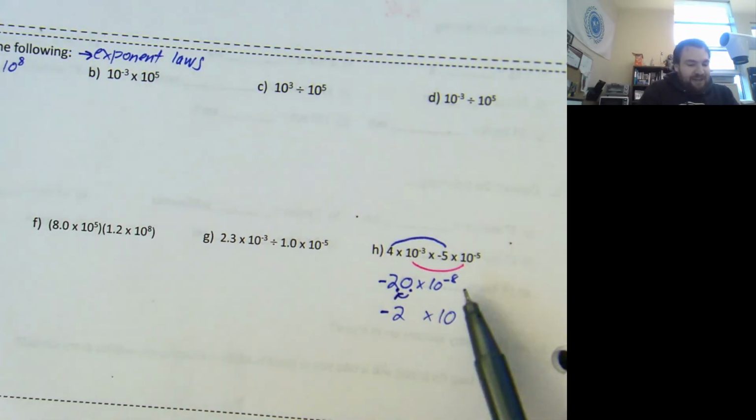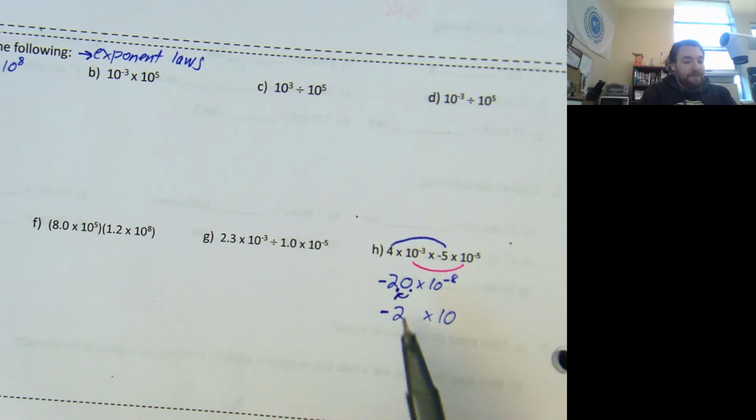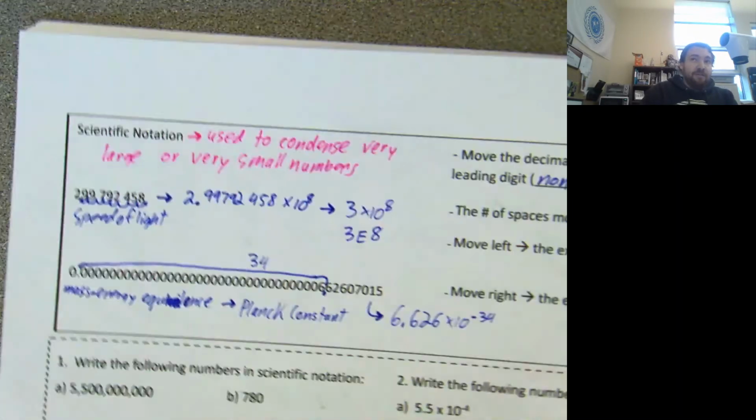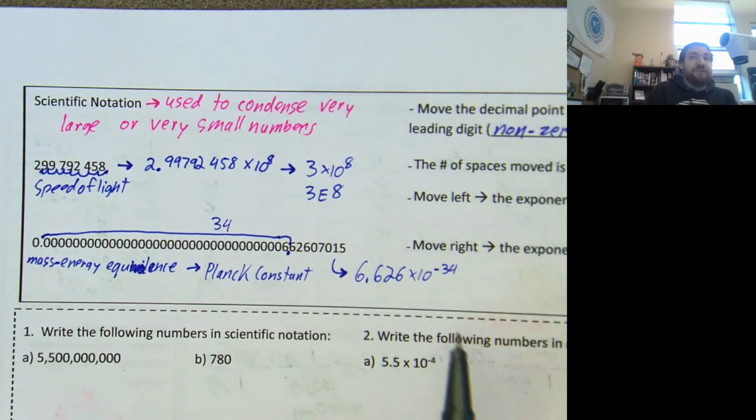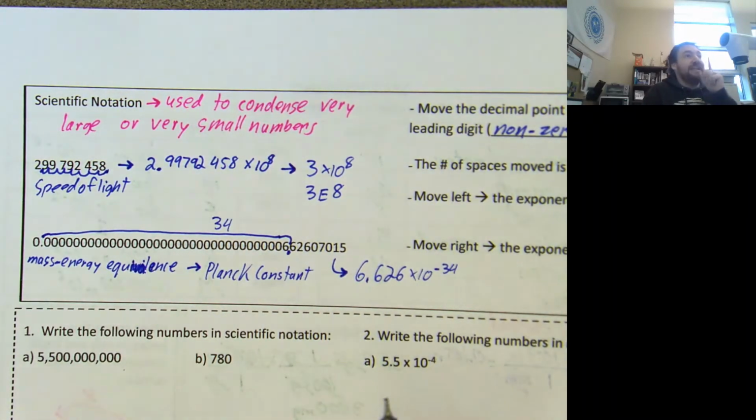Is my exponent going to be bigger or smaller? It's going to get less negative, so bigger, towards 0.